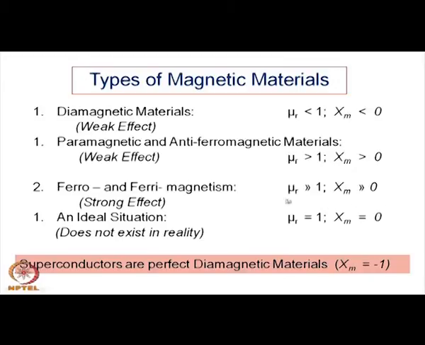Ideally that should be there, but in reality it does not exist, either it is slightly below or slightly above the 1 and 0 values. So, this is not a group of materials of our interest obviously, because such materials do not exist.